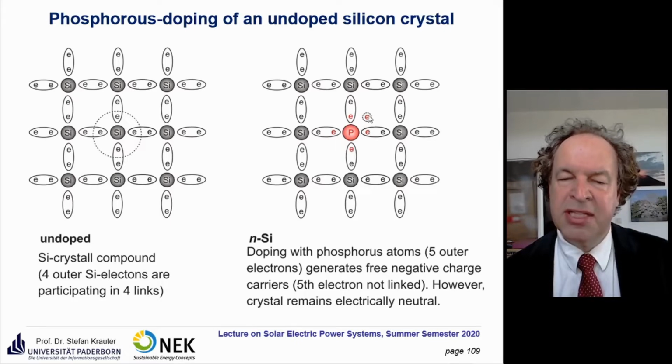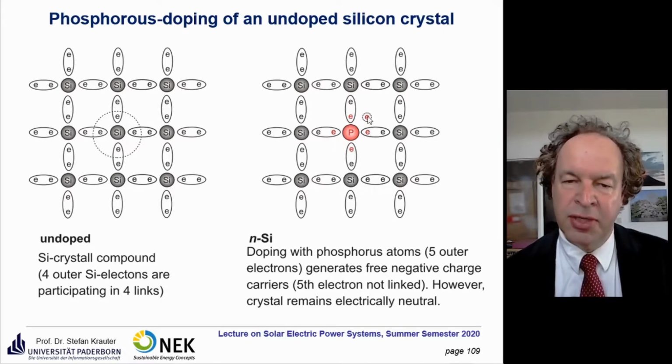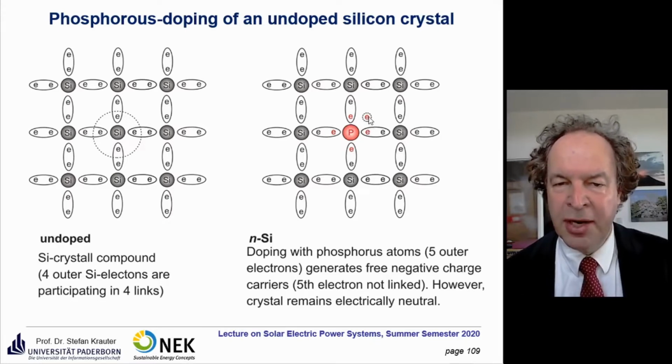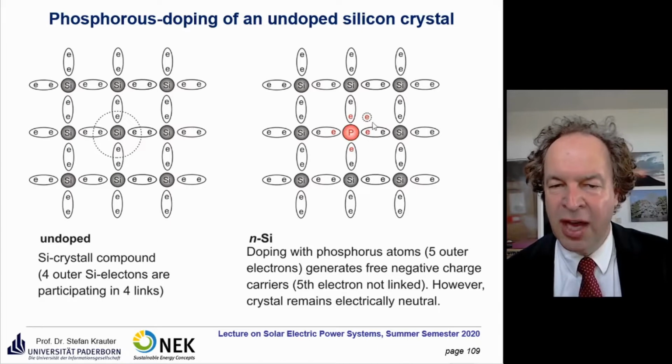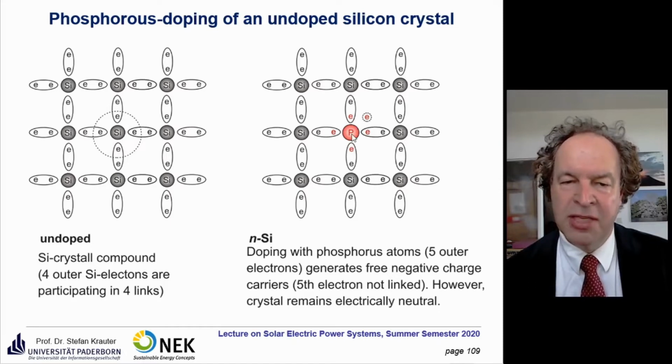But the 5th electron is free there. It can move freely there, and because we have moving negative charges like these electrons, it is called N-silicon. Don't mix it up, that it is negatively charged. That's not the case, because even if you have 5 outer electrons here, you also have 5 positive charges in the core of the phosphorus atom.